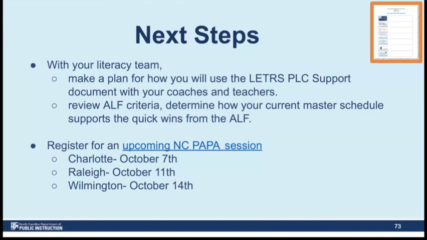So in the world of implementation science, quick wins are those things that we can very readily put into place to get about improvement. So we know that part of an enabling context is that improvement cycle. So maybe within the ALF, as you reflect with a team, you and your team identify something that you could do very quickly that's going to increase impact. And that's what you want to do, looking for those quick wins.